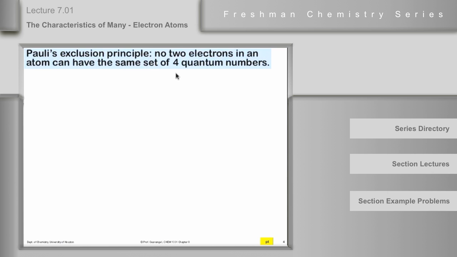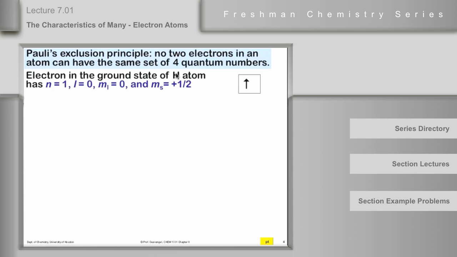So now, in looking at electrons in a polyelectronic atom, we will put them into orbitals, and we will designate an arrow up for spin up or spin clockwise, and an arrow down for the opposite spin. So the electron in the ground state of the hydrogen atom might have n equal to 1, l equal to 0, and m sub l equal to 0.